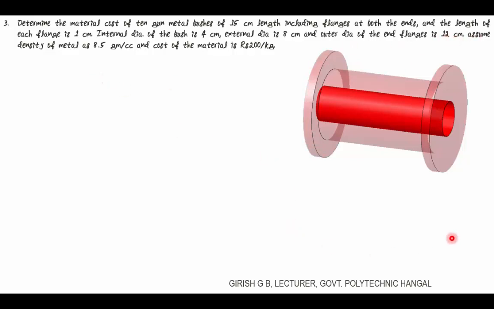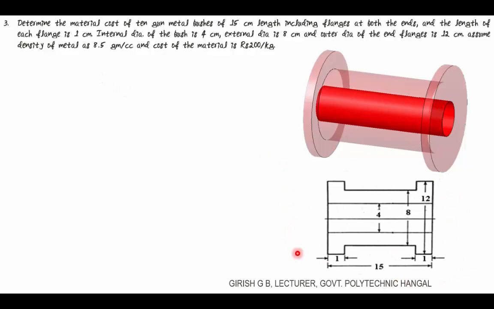So let's draw the 2D diagram. The diagram representation is also shown. The flanges have 1 cm thickness. Inner diameter of the hole is 4 cm. Outer diameter of the bush is 8 cm, and the external diameter of the end flanges is 12 cm, and total length is 15 cm.